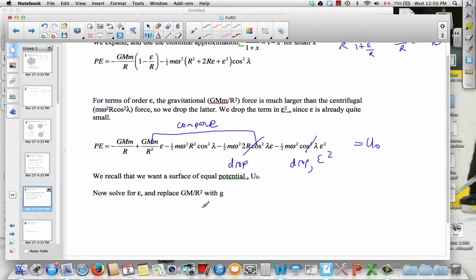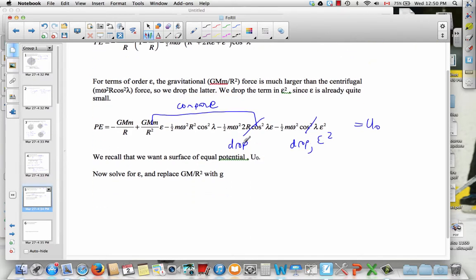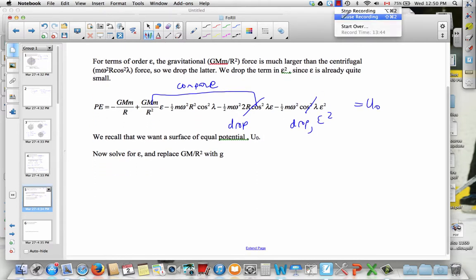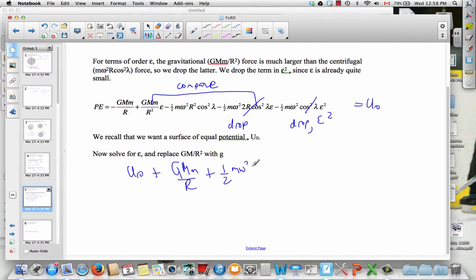What we want to do now is solve this equation. Remember, we've dropped these last 2 terms. So when we solve for epsilon, we'll keep this term by itself, and we'll bring this term over and this term over. So we'll have U0 plus this term, G big M little m over R, plus this term, m omega squared R squared cos squared lambda.